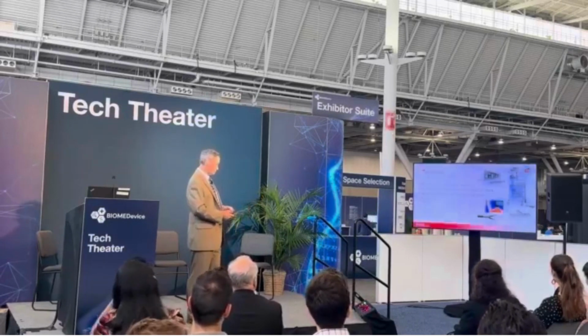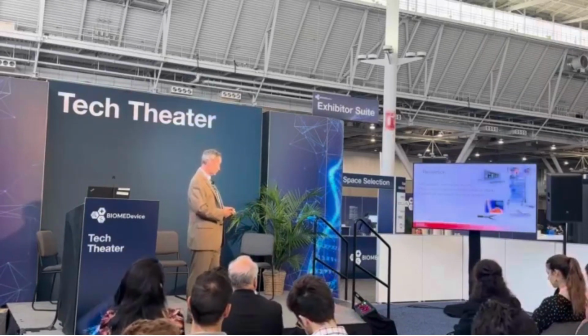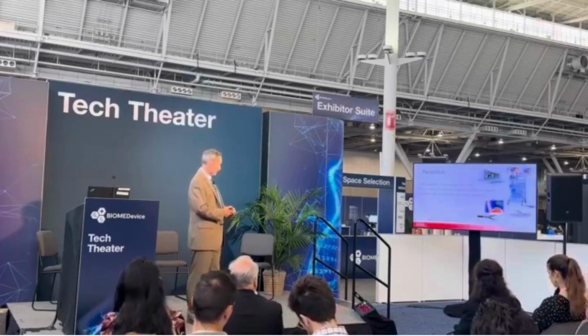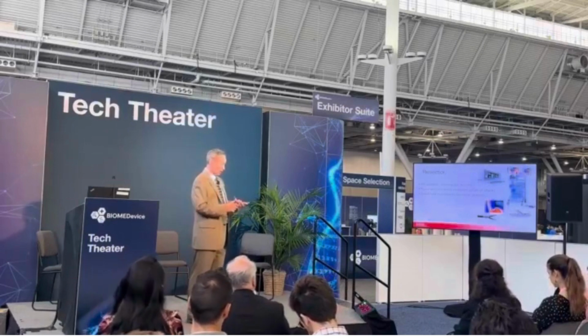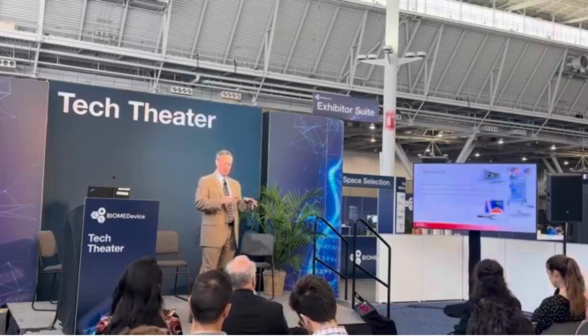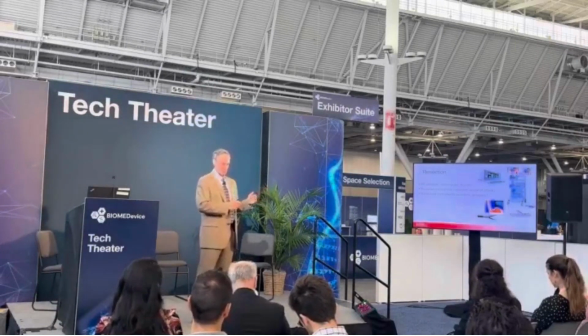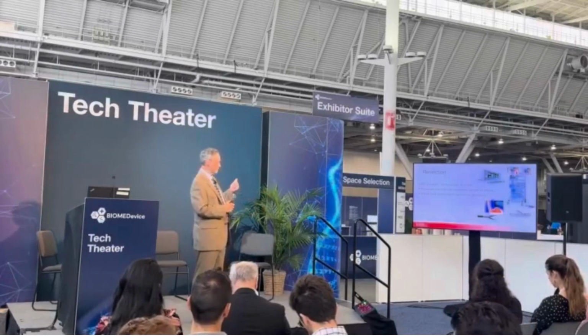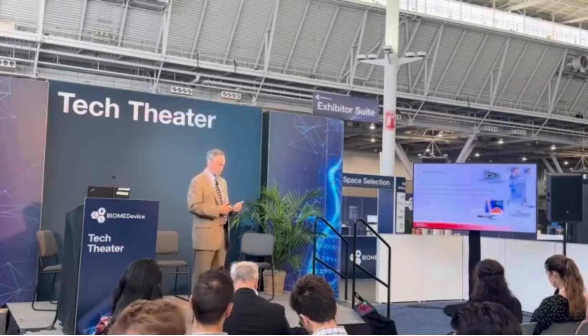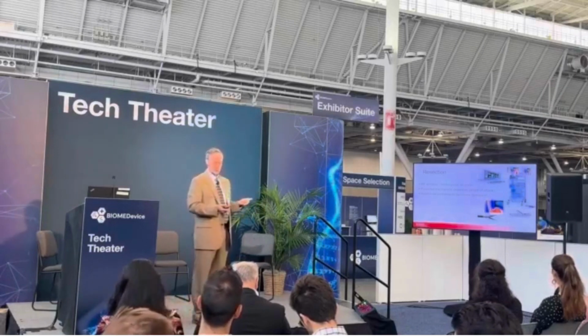Resection. So none of these stand alone. The repair segment needs resection to get rid of tissue that's in the way of visualization. But you have mechanical resection, you have power mechanical resection, you have RF ablation.